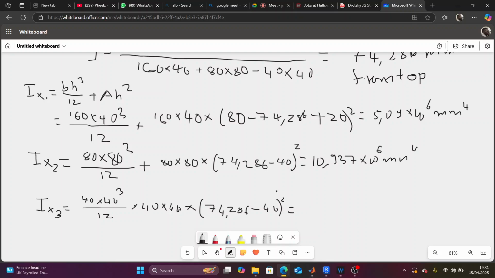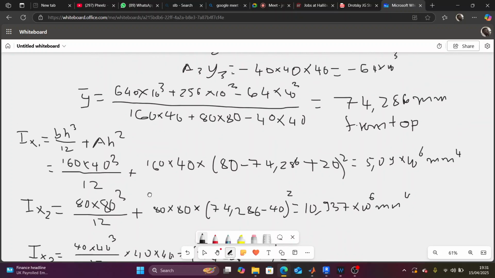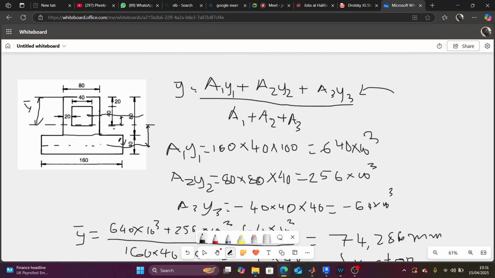Yes, just the same as this one. Remember, we still want this distance here, which is the same also for the small one, which is y bar minus 40. It's going to give us the remaining, which is the same also for the big one.